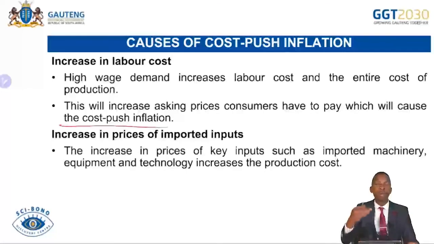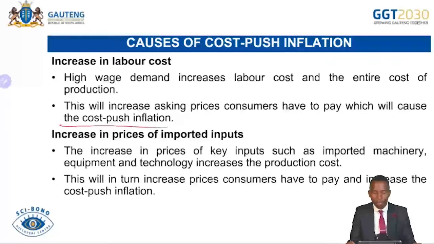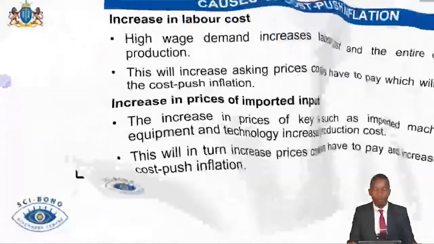More money was paid by the producer to import those goods, and then the production of goods and services using those machines will also be expensive. Then producers will always increase selling prices so that they cannot operate at a loss. They will be recovering that high cost of machinery from consumers as they sell them final goods and services. This will in turn increase prices consumers have to pay and increase the cost push inflation.